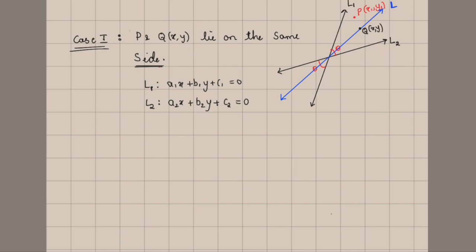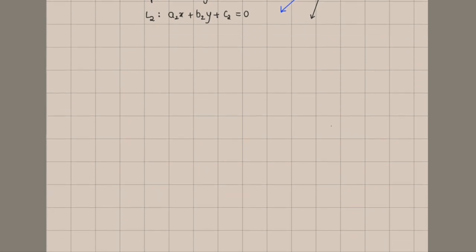So as P and Q are on the same side, L1 of Q, which is x comma y, by L1 of P, which is x1 comma y1.